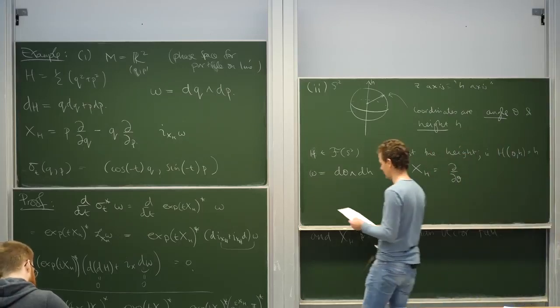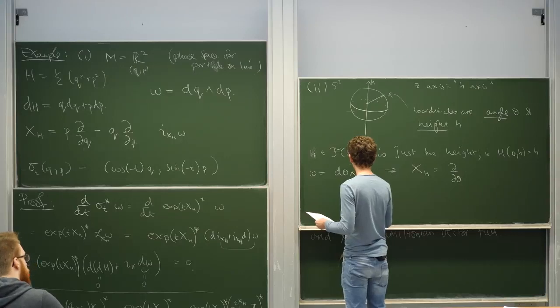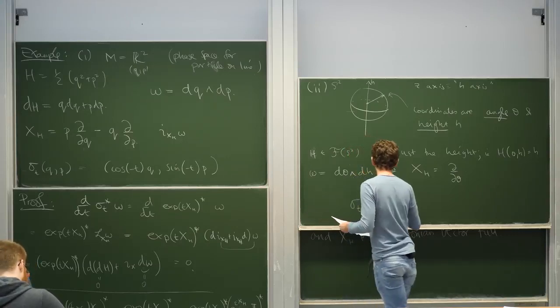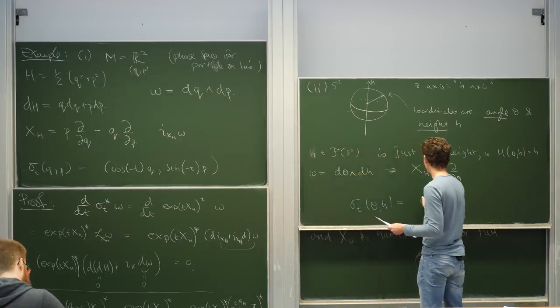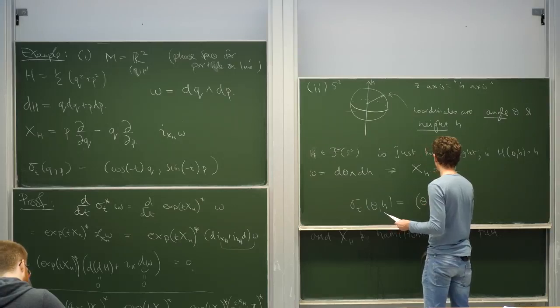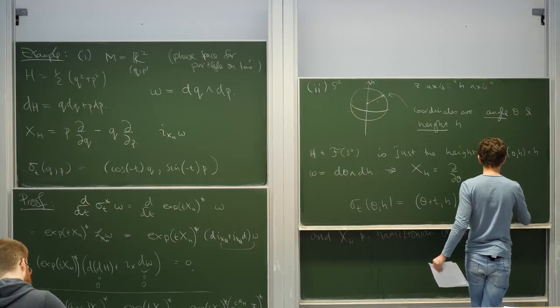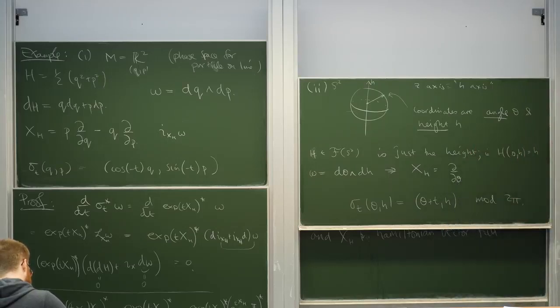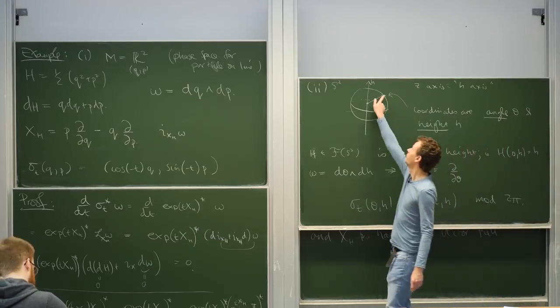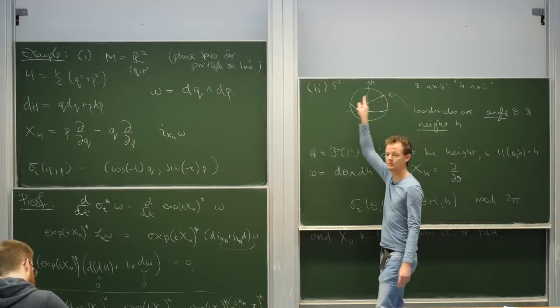And the flow generated by that vector field is as easy as it can get. Namely, the point just rotates around the sphere.